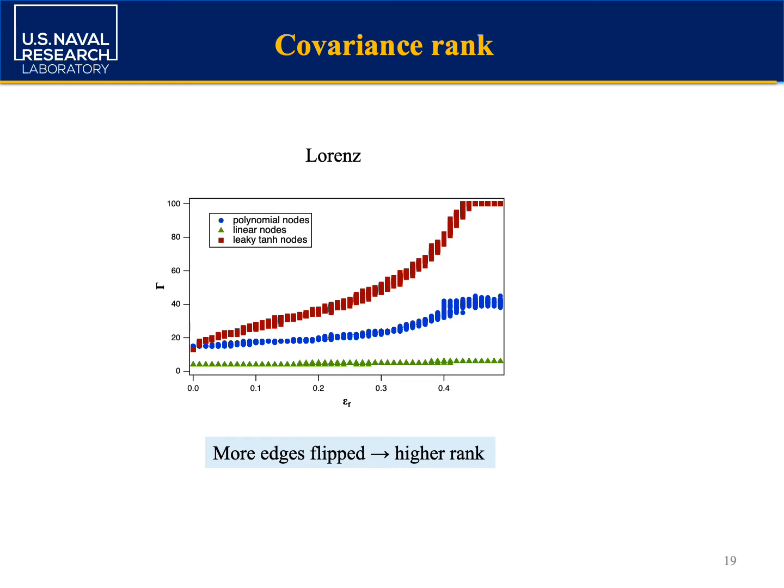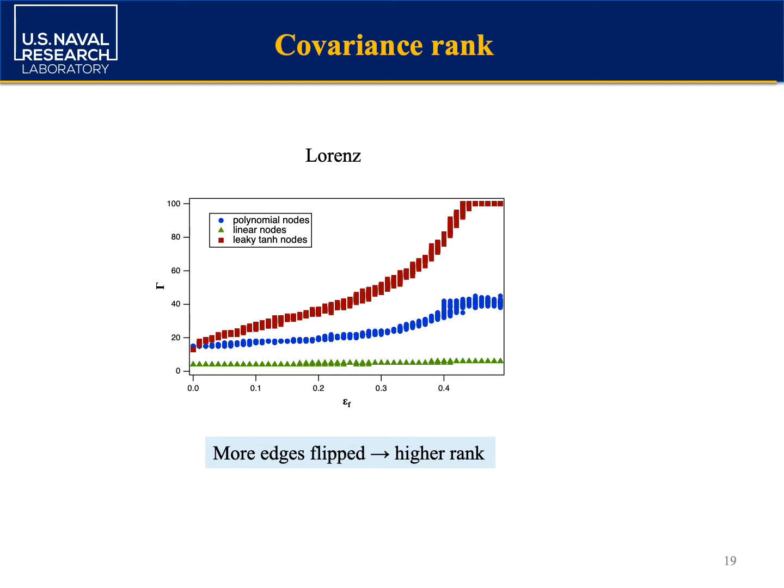So looking again at my three kinds of nodes, if I look in green at the linear nodes, as I increase the fraction of edges flipped on the x-axis, the rank on the y-axis stays roughly the same, but for the polynomial and leaky hyperbolic tangent nodes, the rank increases.